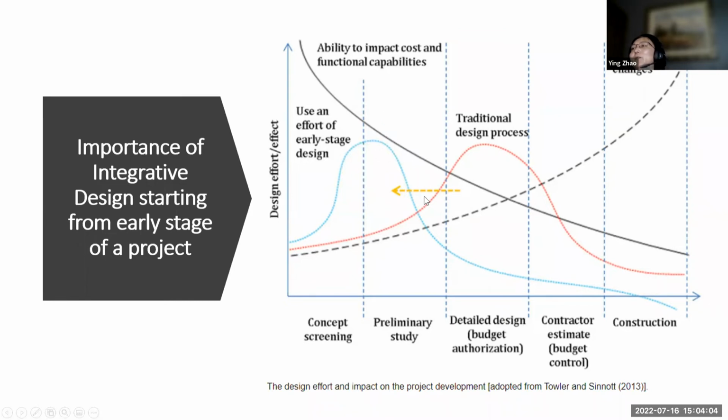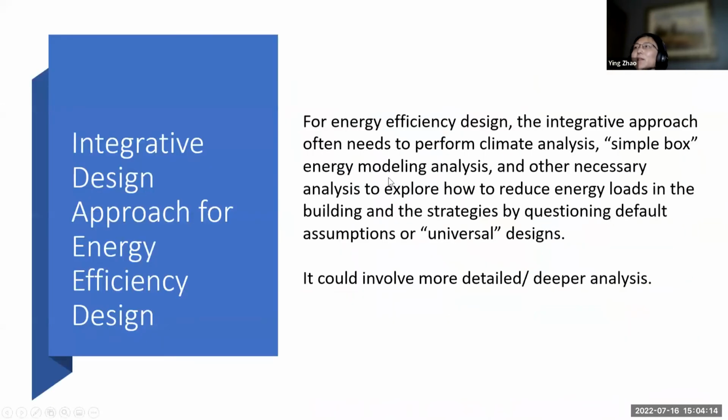That will reduce errors, like wrong design decisions that cannot be changed later. For energy efficiency design, the integrative approach often needs climate analysis, which we already talked about. In that process, we think about strategies by questioning default assumptions or universal design, and think about more innovative, project-specific approaches customized to the project.